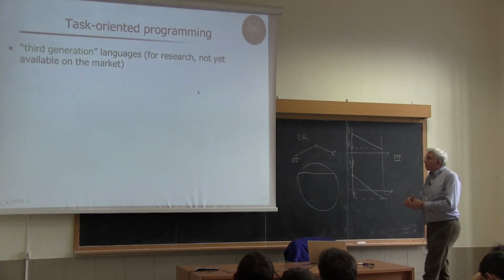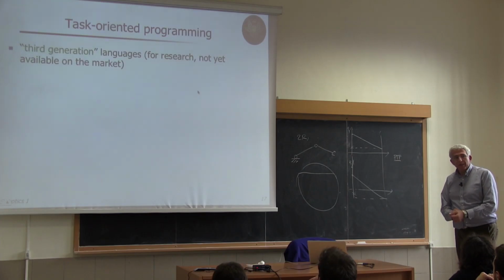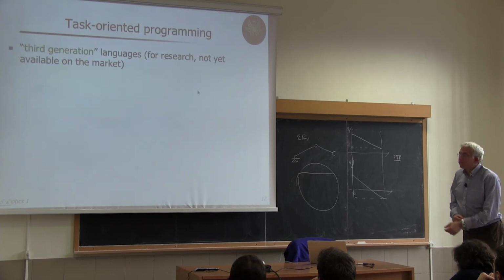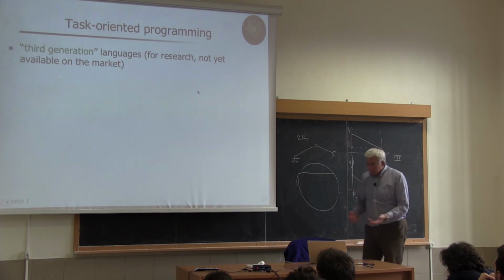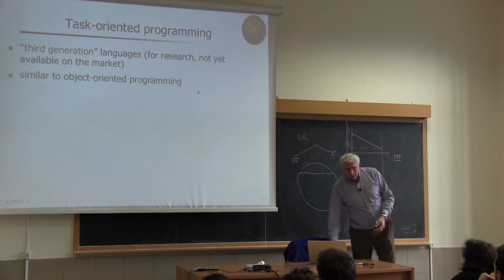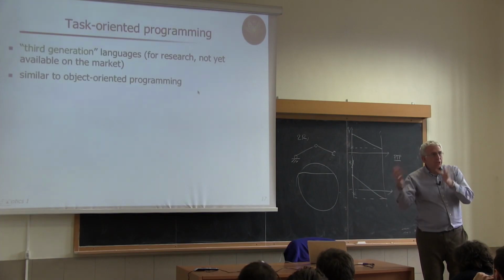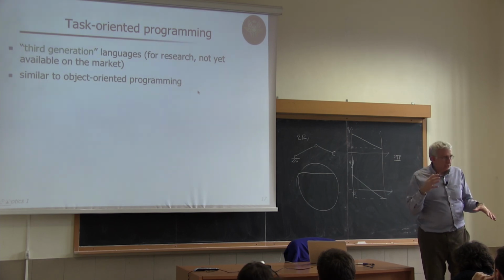So let me conclude today with this last slide, ending the programming part. Of course, there is a third generation of languages. This does not really exist on the market, but it's much used in research. What is this? If you compare with the development of conventional programming, from structured programming you go to object-oriented, so there's a level of abstraction.